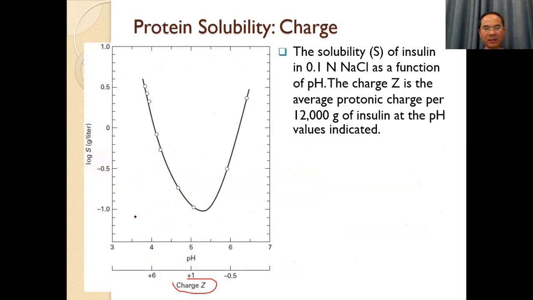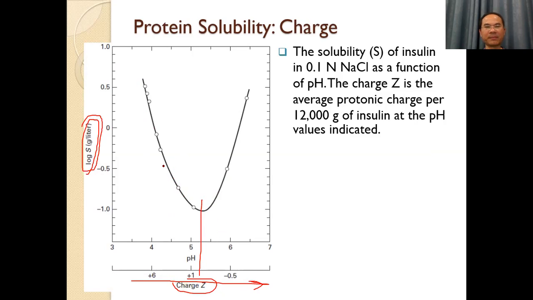When you increase the pH, the charge will be reduced, and the solubility of protein per liter of solution changes. When you increase pH, or reduce the charge, solubility decreases until some pH value of about 5.5.